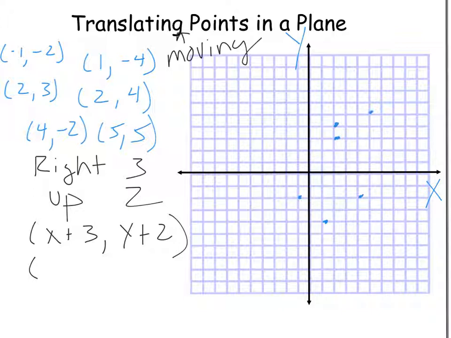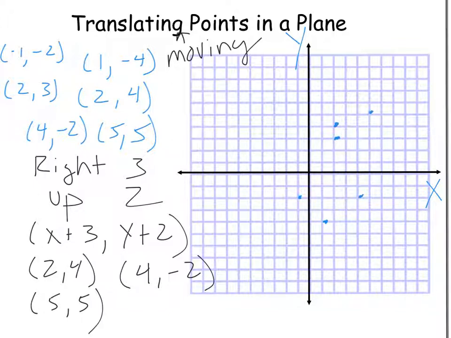I'm going to go through just 1 point at a time, like negative 1, 2. That's going to translate to the point 2, 4. 1, negative 4, that is going to become the point 4, negative 2. 2, 3, that's going to become 5, 5.